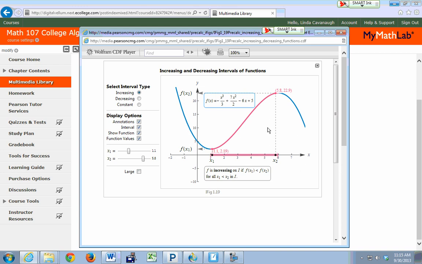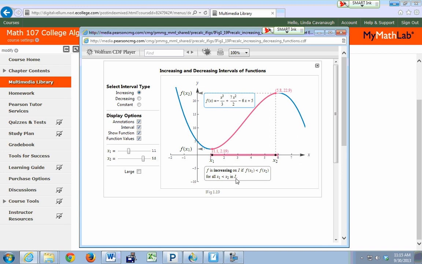So this interval, x1 being this point, 1.1, runs from 1.1 to 5.8. This statement down here says x1 is less than x2 in I.